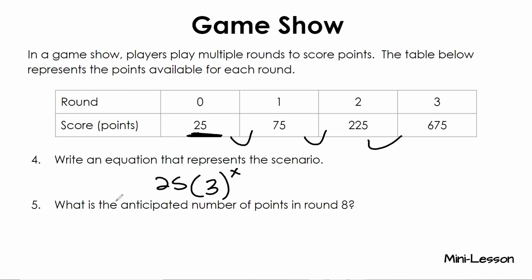Okay. What is the anticipated number of points in round 8? So I'm going to take my equation and raise it to the 8th power. Take a moment, type that in. That's a lot of points. Anybody else get that?